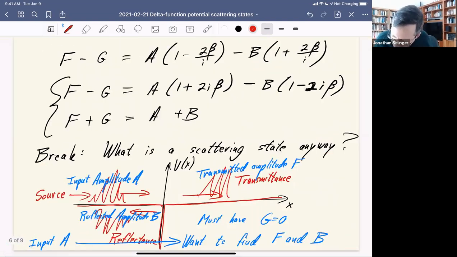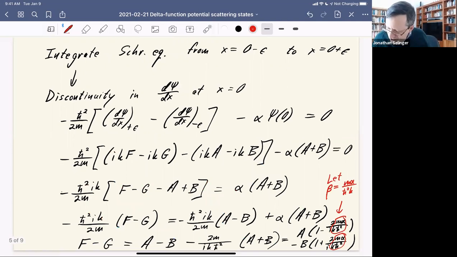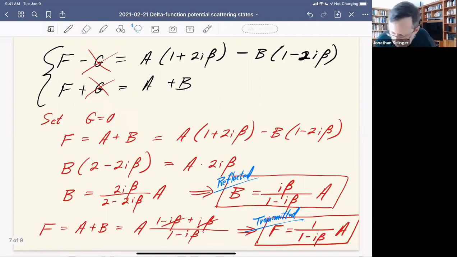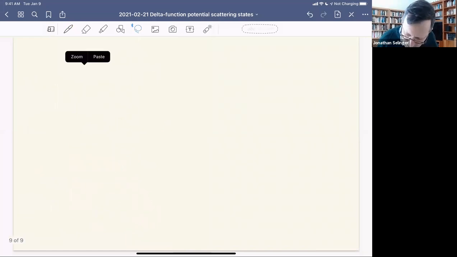Not there, not there. Here it is. Beta is this thing.